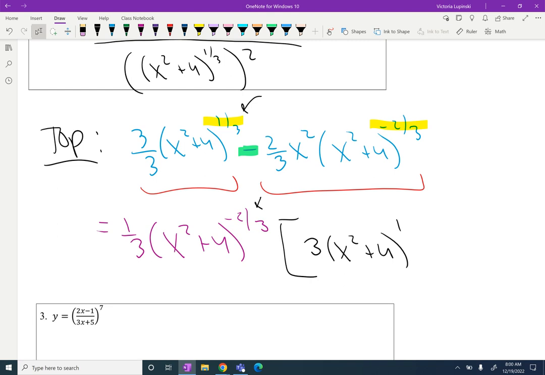You're doing 1/3 minus negative 2/3, which is 1/3 plus 2/3, which is 3/3, which is 1.